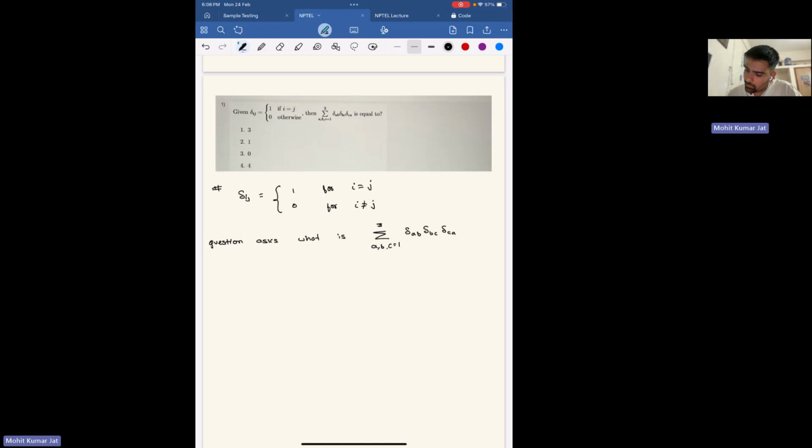You can think of it in 3 dimensions, so you can write it as del ab, del bc, del ca for x, plus del ab, del bc, del ca for y, plus del ab, del bc, del ca for z.